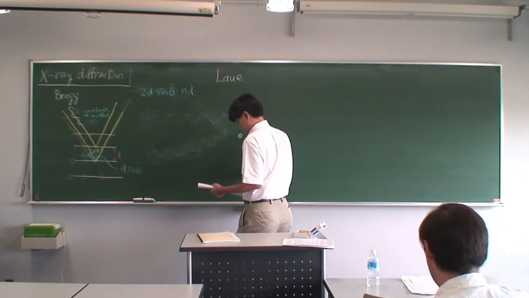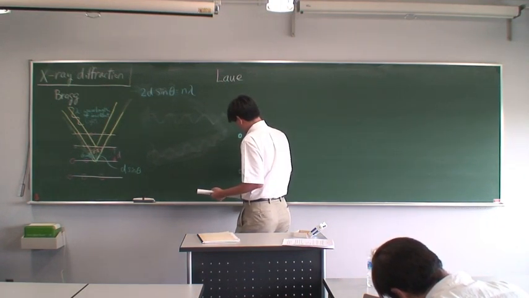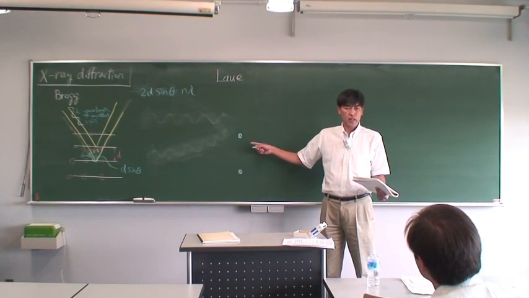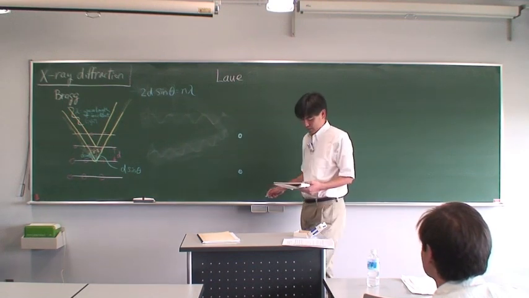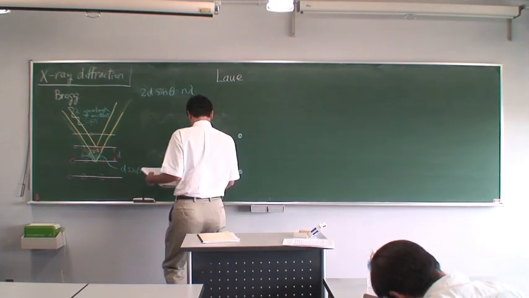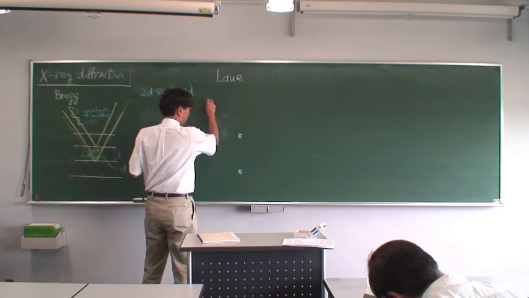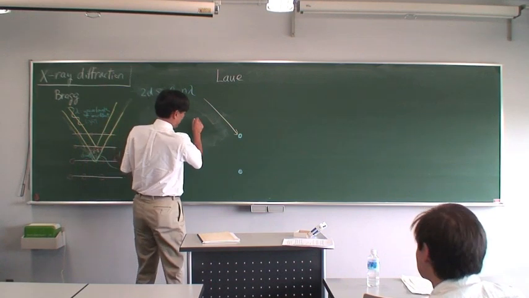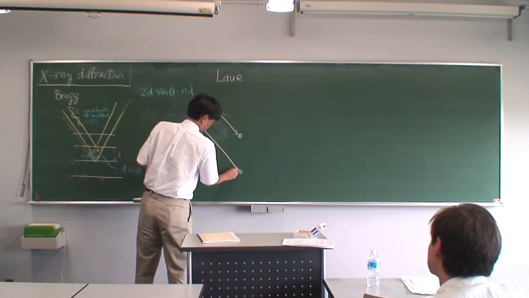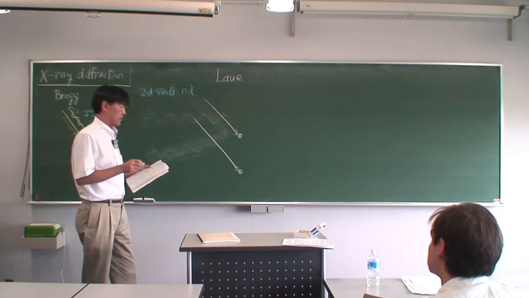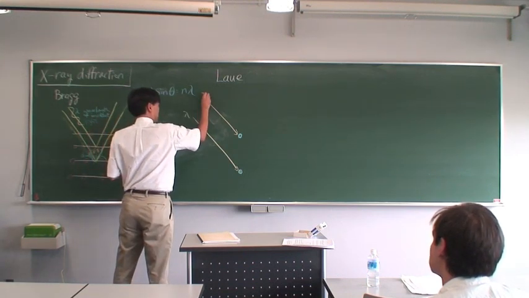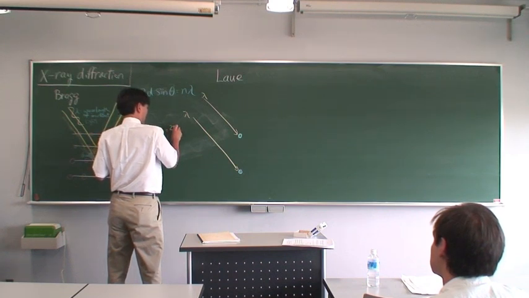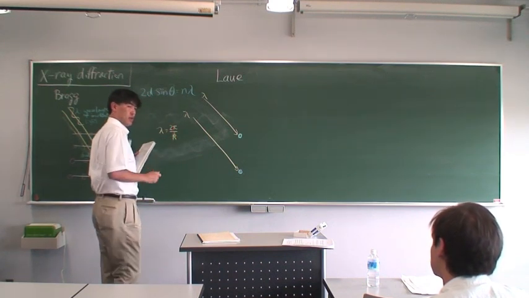Okay? So here we treat things differently. We choose, for example, two Bravais lattice points. It's an atom in real space. Okay. Atom in real space. And we have one light coming in and hitting this atom. We have another light coming in, hitting this atom. Same wavelength, lambda. And lambda is 2 pi over k. Right?